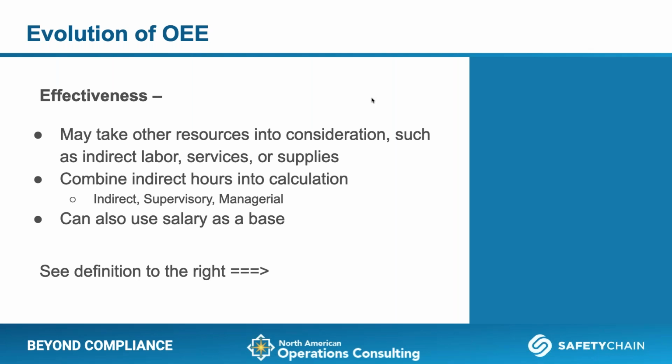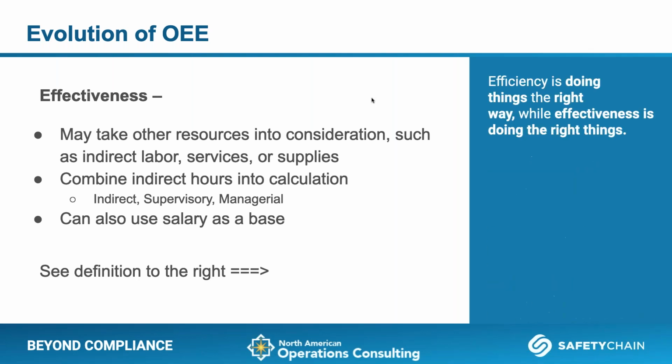So that starts to get a little bit better, where you're including maybe not only your direct, but your indirect people coming into the calculation. So effectiveness is probably, from an industrial engineering point of view or an operations point of view, a better measure, because you're taking other indirect considerations that are very important and necessary into it.